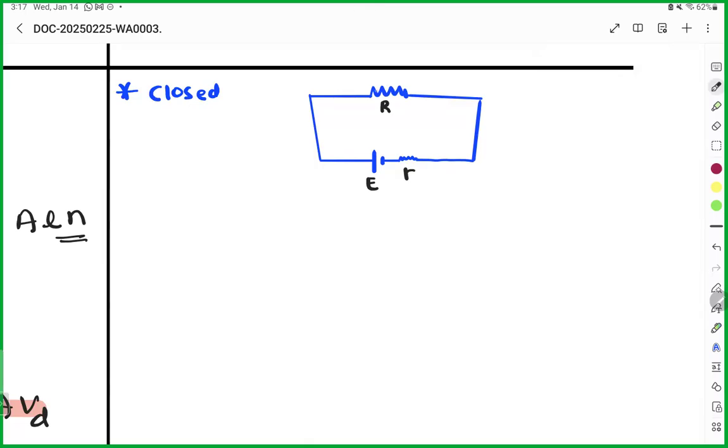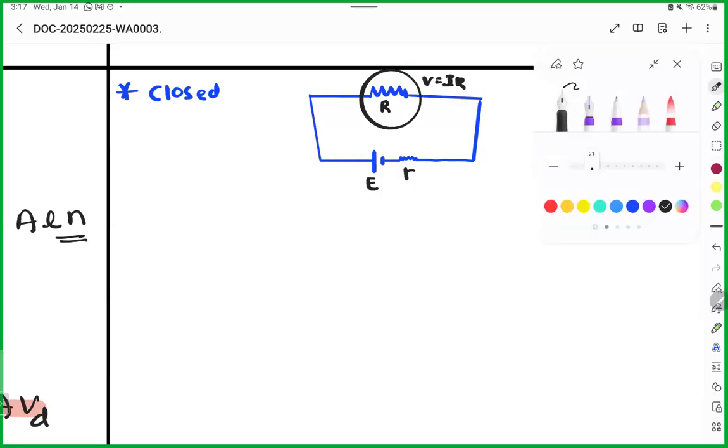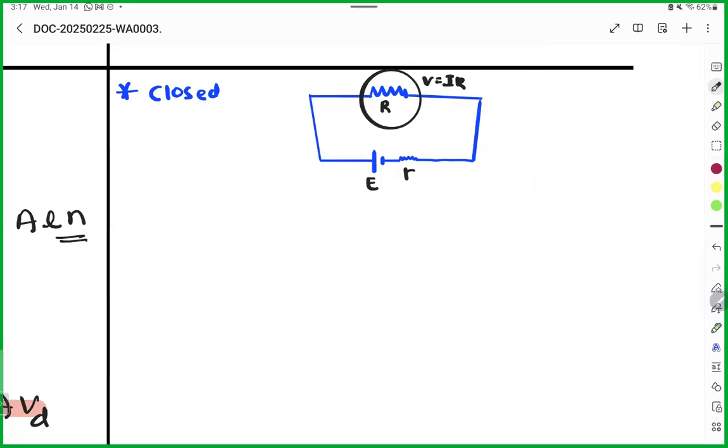If this is R and current passing through this is I, then V will be equal to IR. Okay, potential difference. If you know this potential difference, your total EMF, total voltage, will be equal to I into R plus I into small r, because same current is passing through.